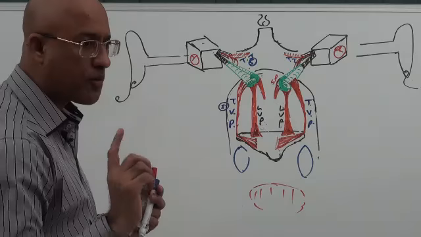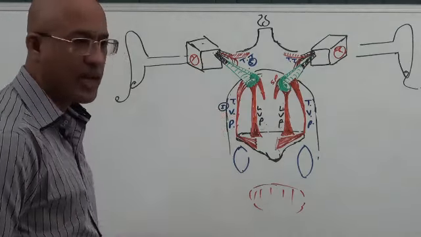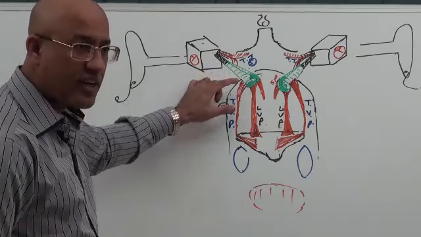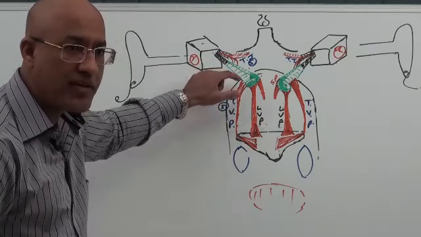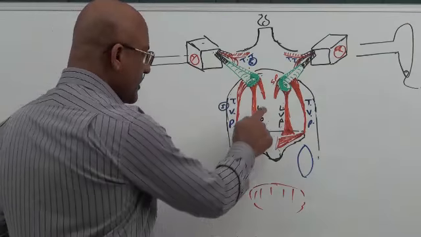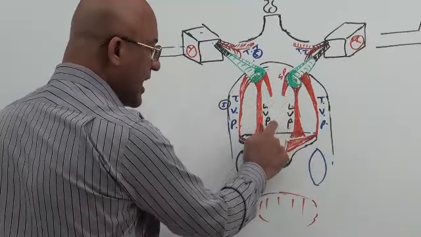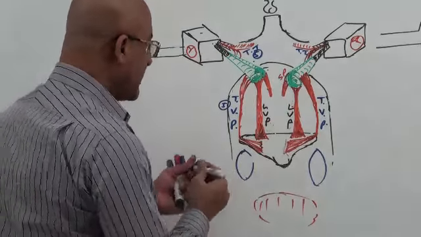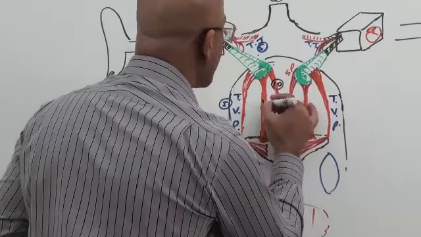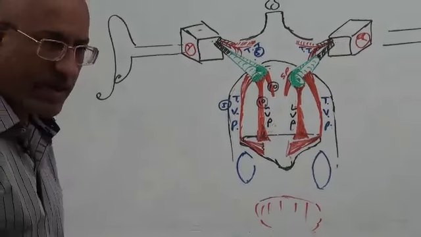To be very specific, a branch going to the medial pterygoid also supplies tensor tympani and tensor veli palatini. So both are supplied by the fifth cranial nerve. And these two, salpingopharyngeus and levator veli palatini, are supplied by the 10th nerve, the vagus nerve through the pharyngeal plexus, right?